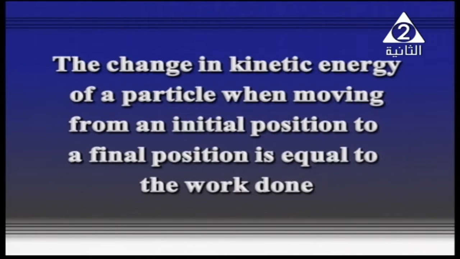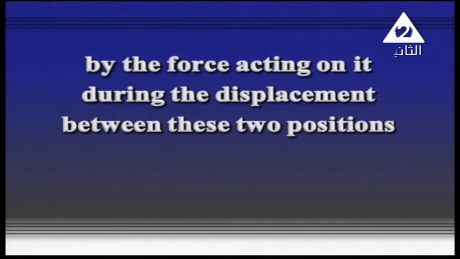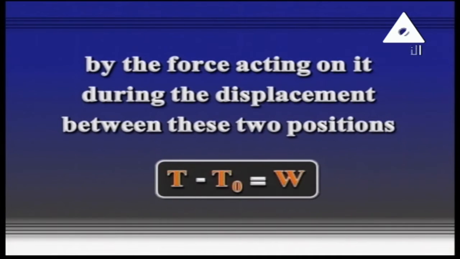The change of kinetic energy of any particle when moving from initial position to final position is equal to the work done by the force acting on it during the displacement between these two positions. Then we know that T minus T naught equals the work done W. T minus T naught is the change of kinetic energy, W the work done.